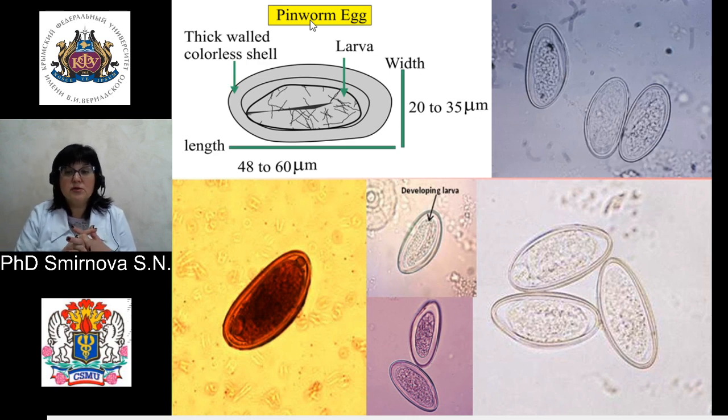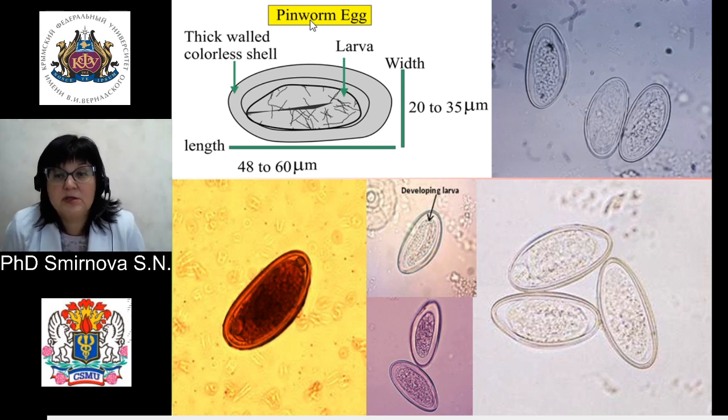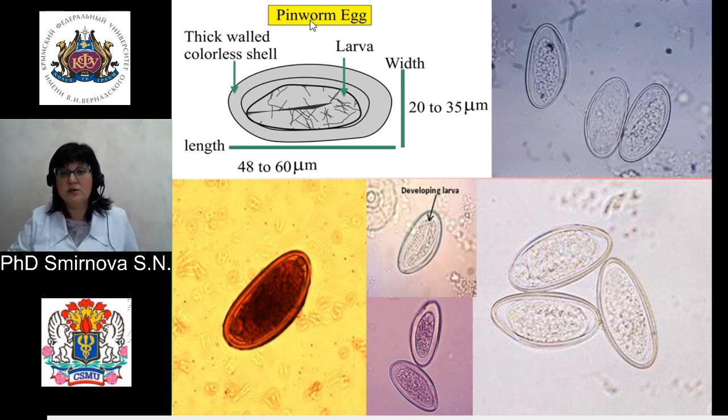So when you work with the material of this lecture, you must pay close attention. At the start of the lecture, I told you every parasite has two names, and you need to remember both. If in exam questions you see pinworm, you need to understand this is Enterobius vermicularis, and then you need to describe the morphology of this parasite, describe the life cycle of this parasite, and give other information.